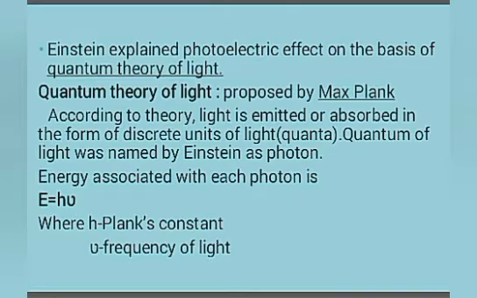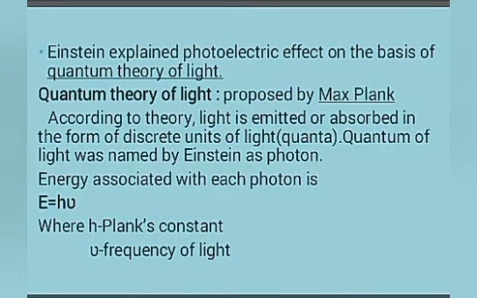According to this theory, light is emitted or absorbed in the form of discrete units of light. Those units are called quanta. And the quantum of light was named by Einstein as photon.